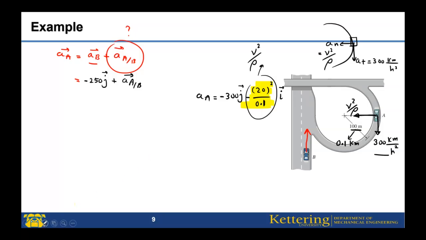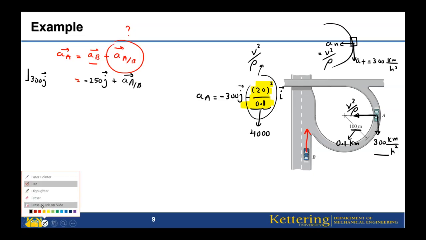Now, if I put the acceleration in A in here, it is minus 300 j, and this one, it is minus 4,000 i.